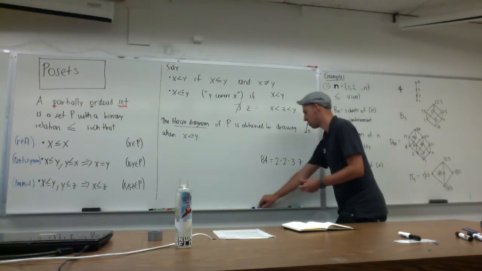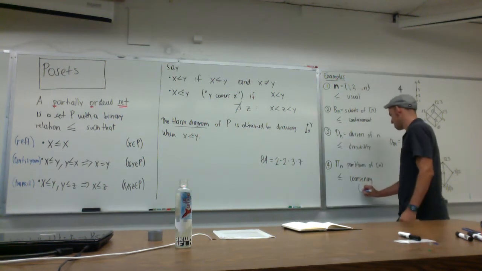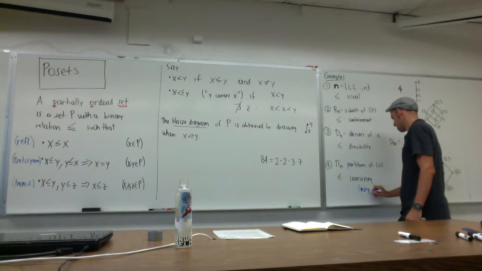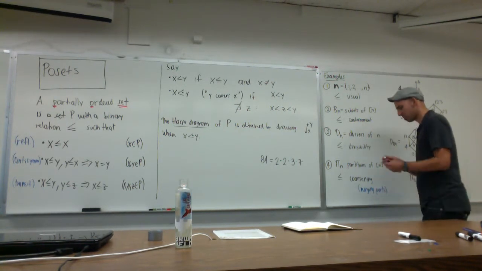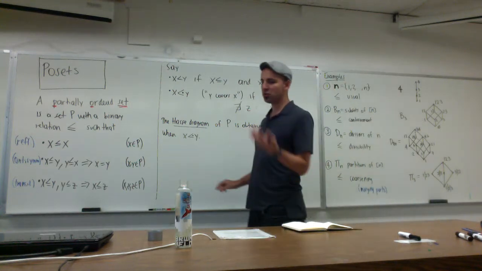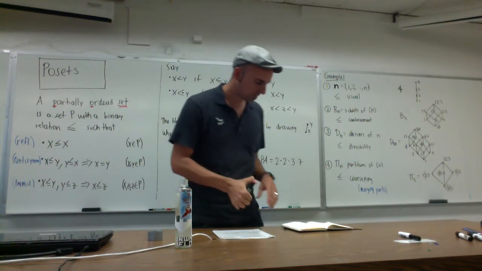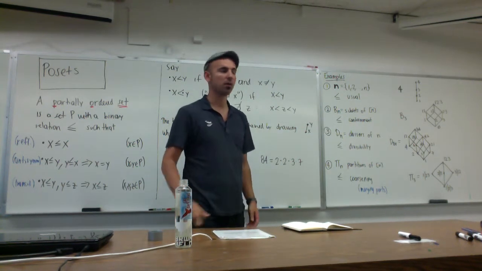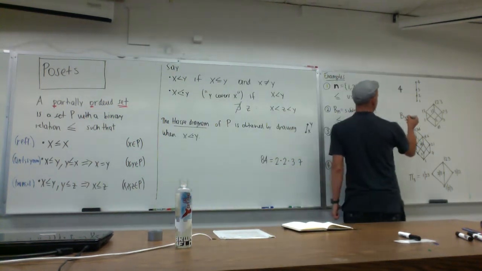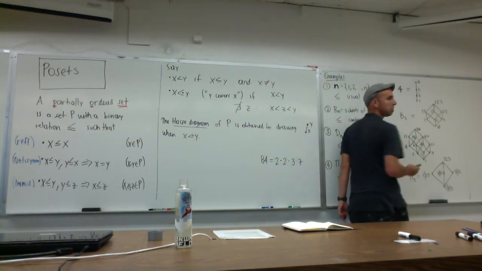So merging parts. As you merge parts of your partition, you move up your poset. Okay? So do you guys have any questions about any of these 4 families of posets?